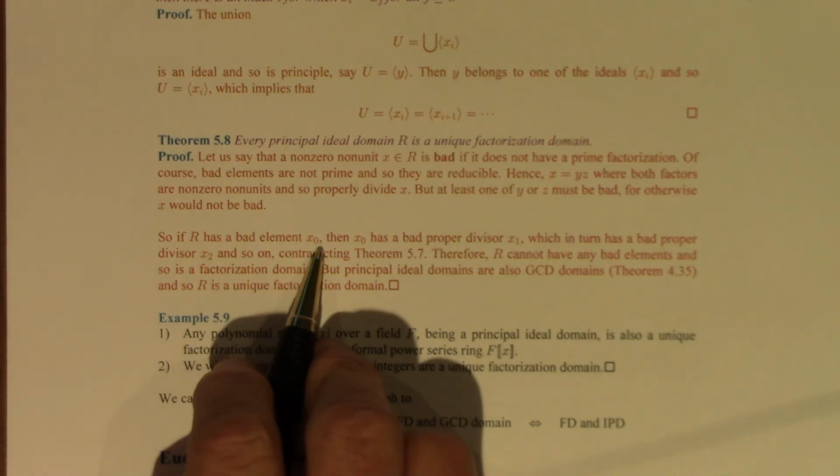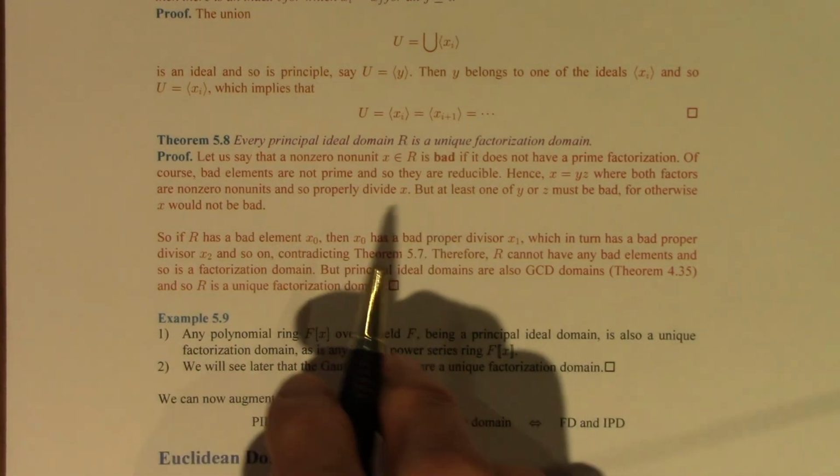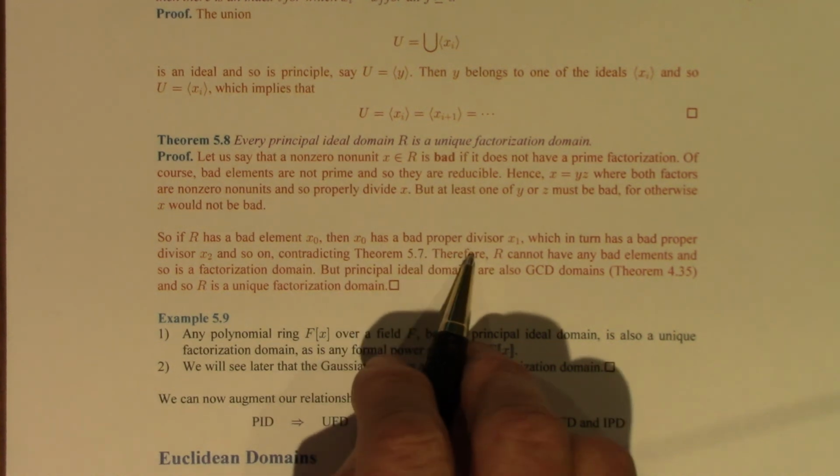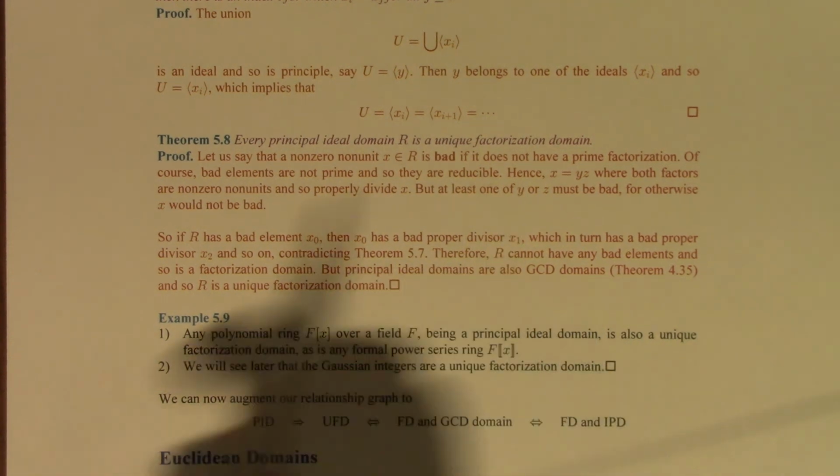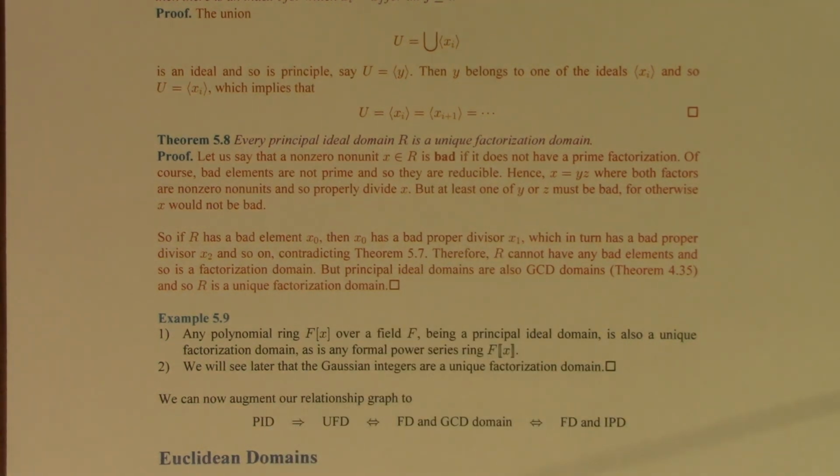So if R has a bad element, x_0, then x_0 has a bad proper divisor, x_1, which in turn has a bad proper divisor, x_2, and so on, and we contradict the previous theorem. So R cannot have any bad elements, and so it's a factorization domain. But principal ideal domains are also GCD domains, which we proved in Chapter 4. So R is a unique factorization domain.